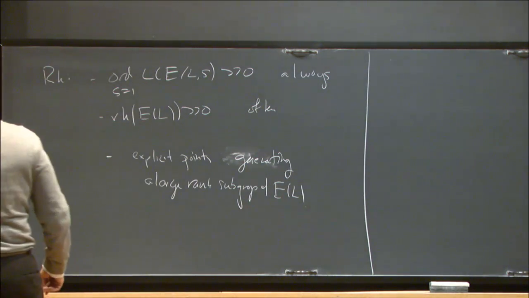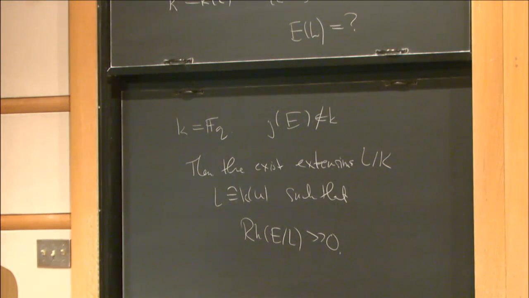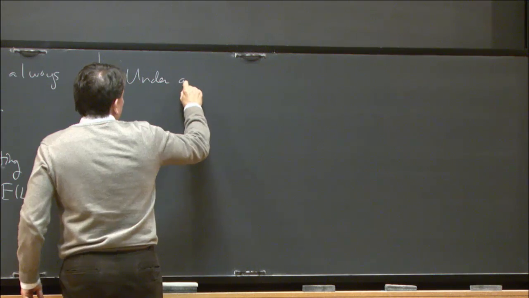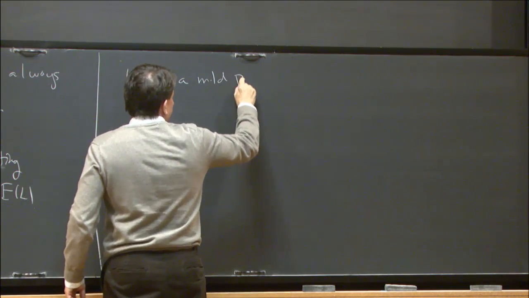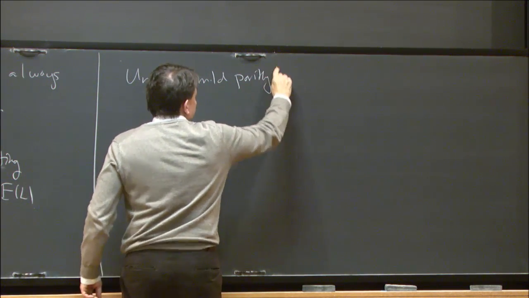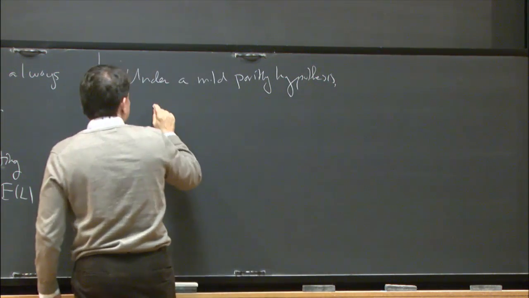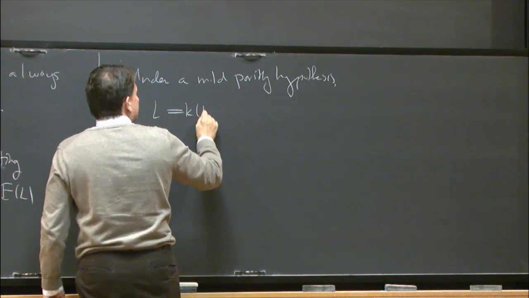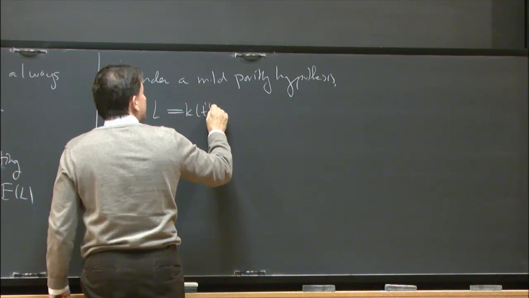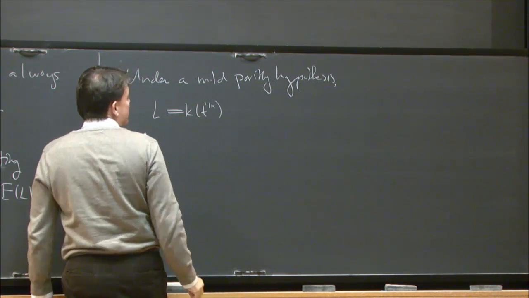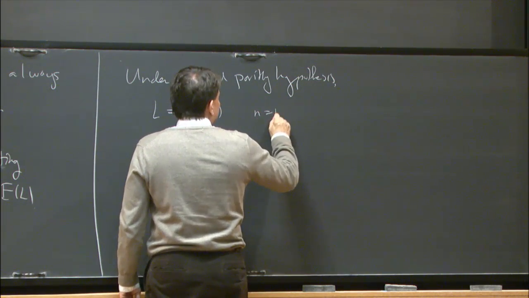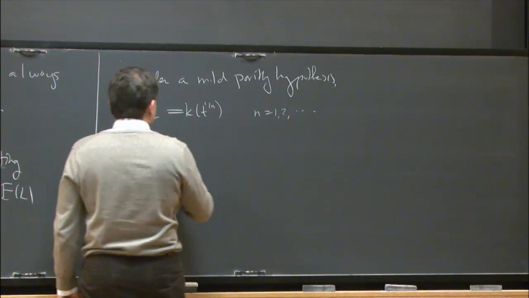What are the extensions here? Under just a mild parity hypothesis, you can take L to be this sequence of extensions, say t to the 1 over n, with n varying. This works.